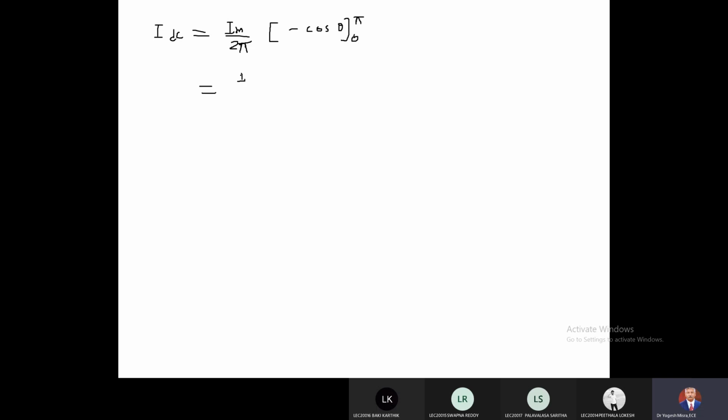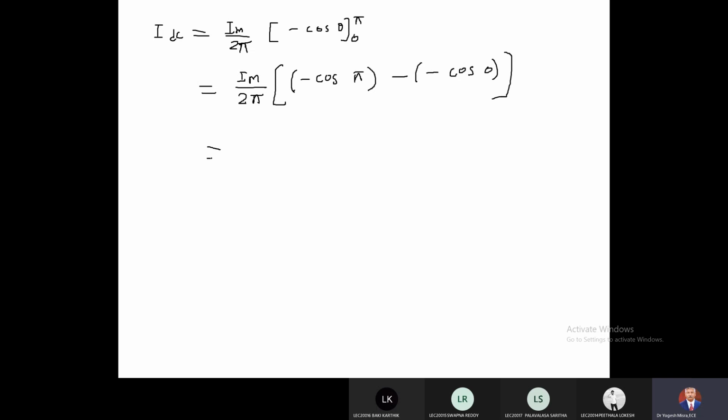So here this is Im by 2π, minus cos π, then minus cos 0.